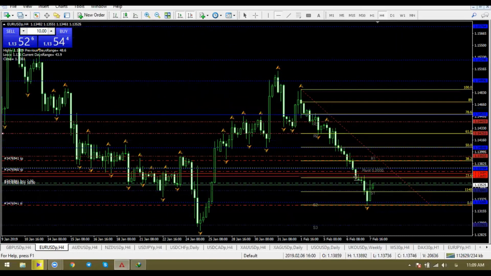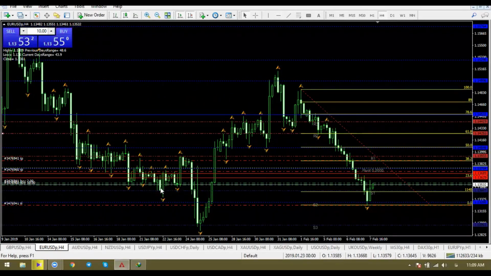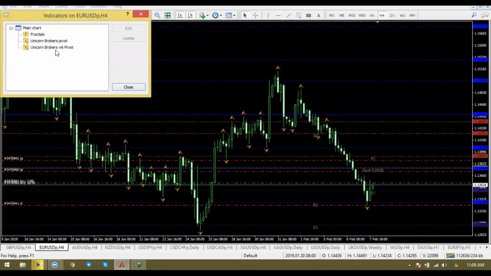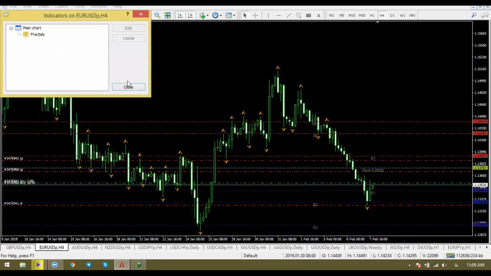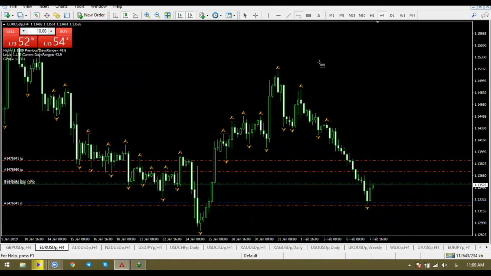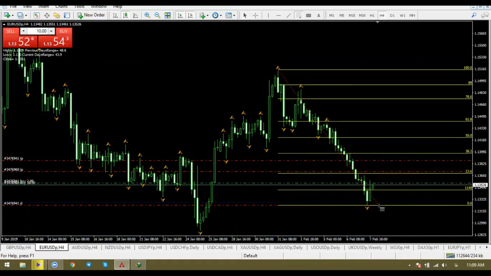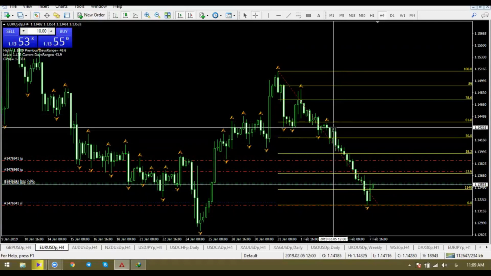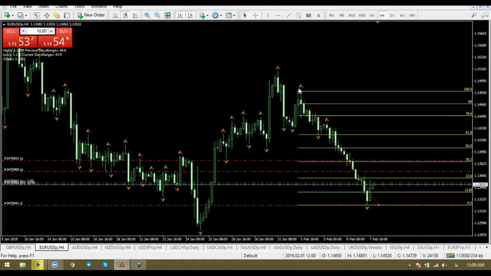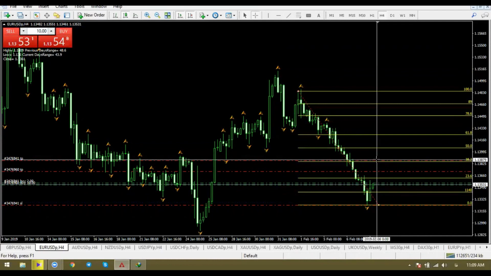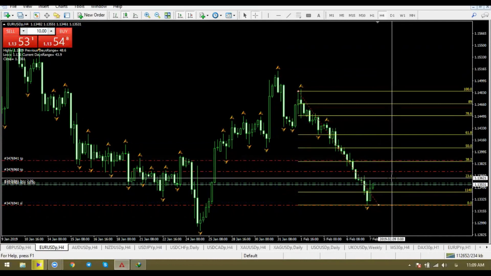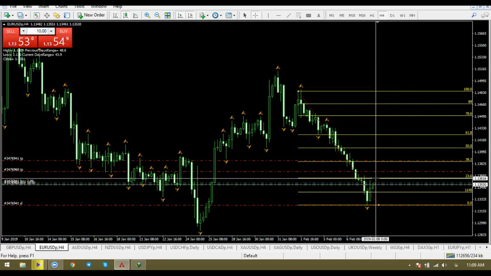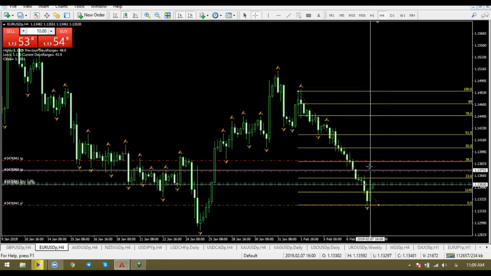Look, 23, it's a pivot. Yes, it's on a pivot. If the Fibonacci numbers are exactly on the pivots, it means there's a fault somewhere.